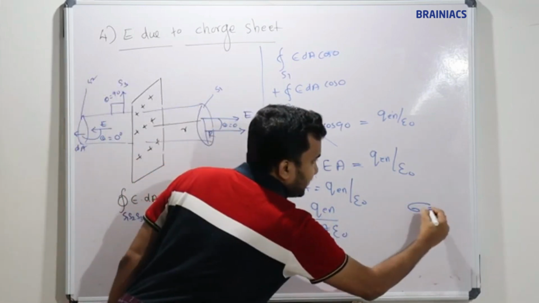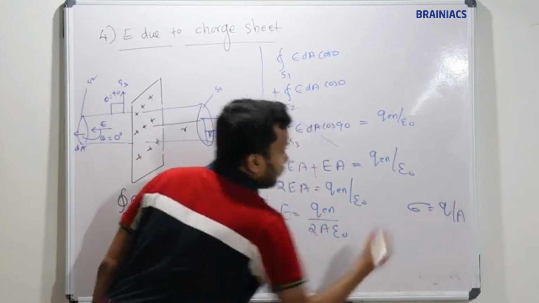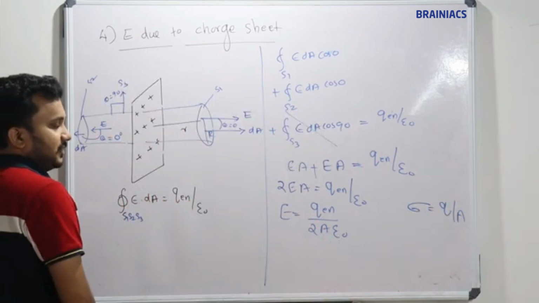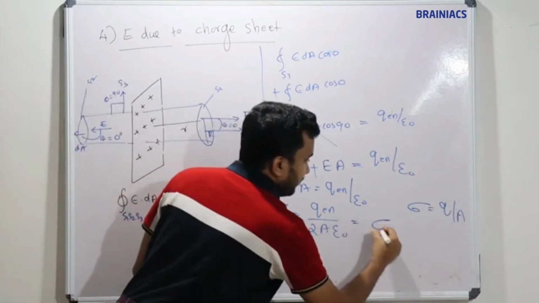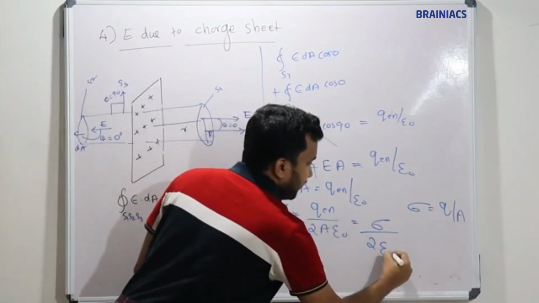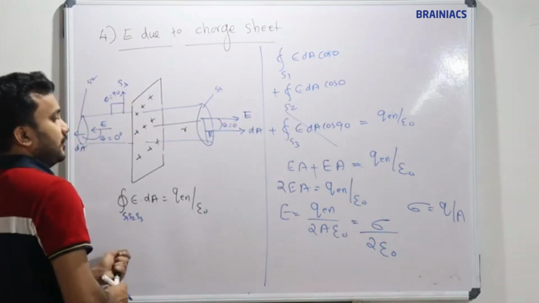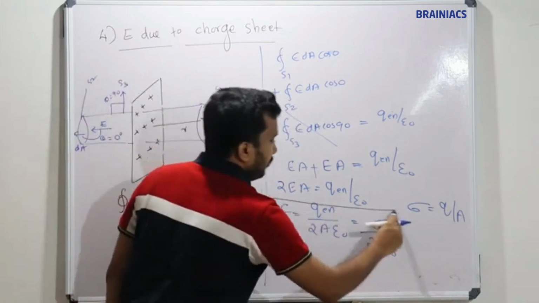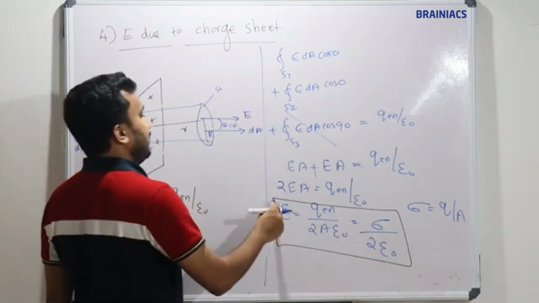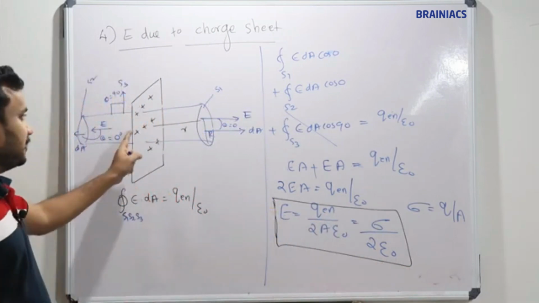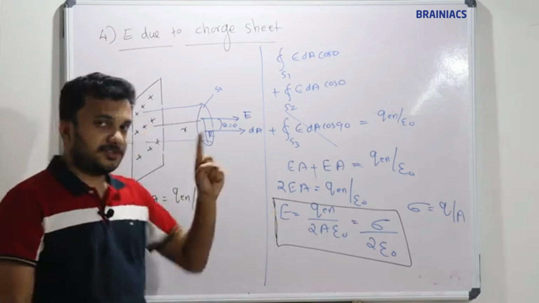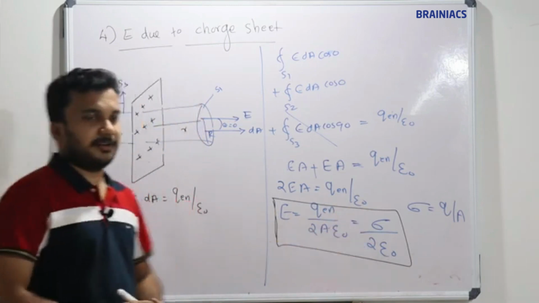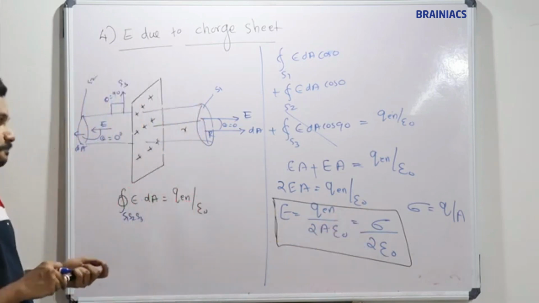I told you, it is called sigma, the surface charge density. So we can write this formula as sigma divided by 2 epsilon 0. This formula is very important. A lot of questions have already come in entrance examinations. The electric field intensity due to one charged sheet equals sigma divided by 2 epsilon 0.